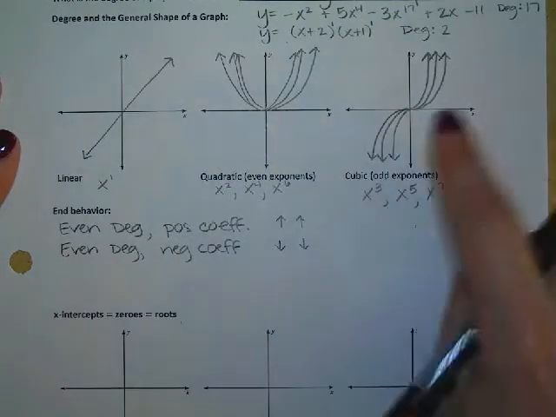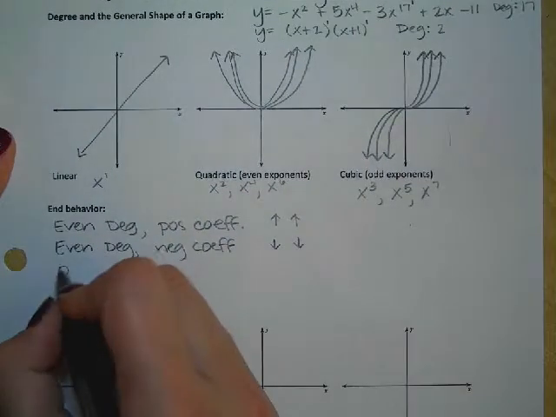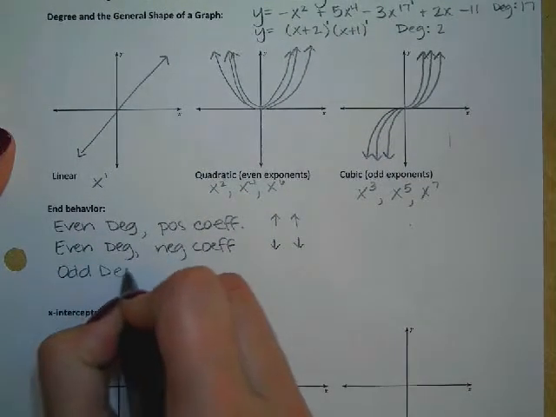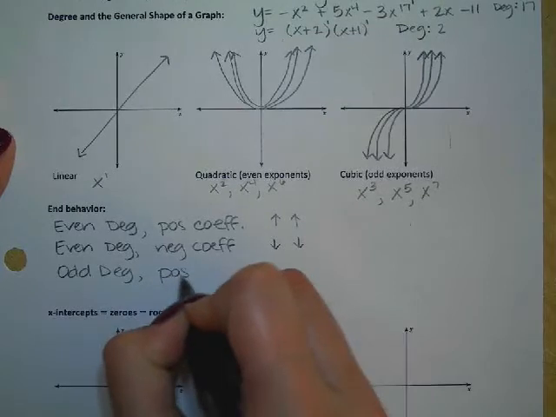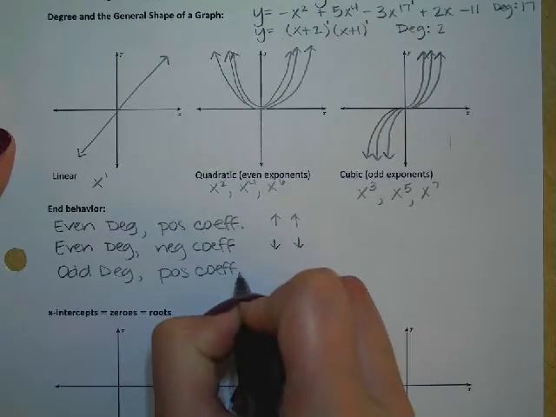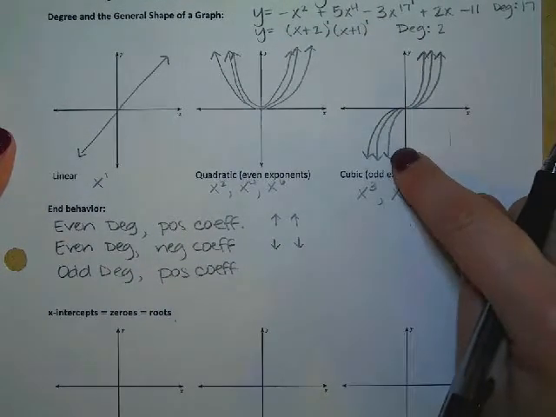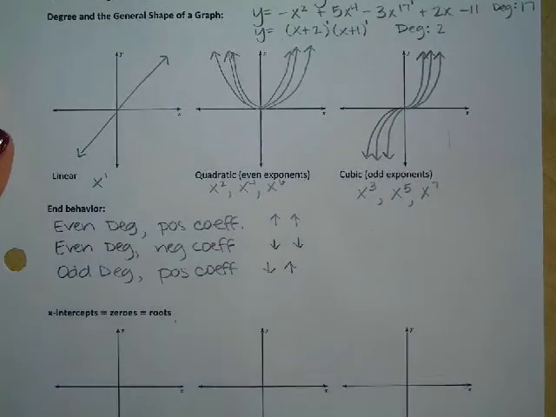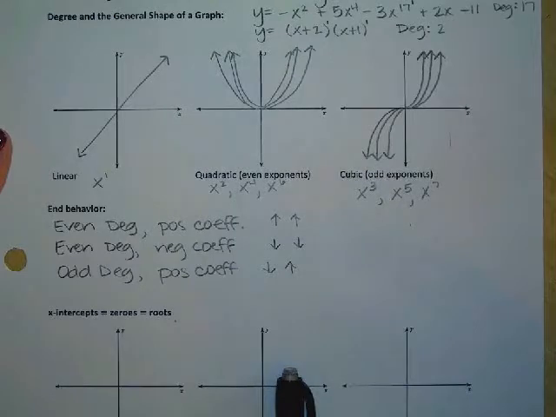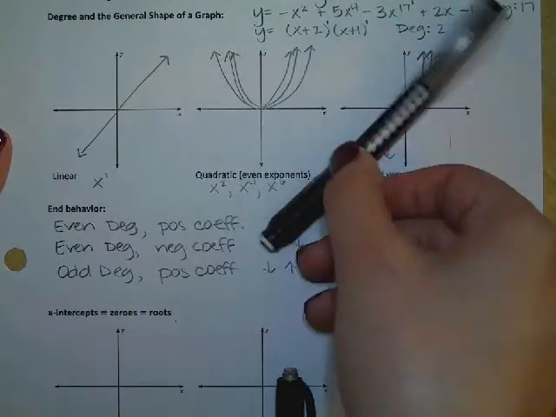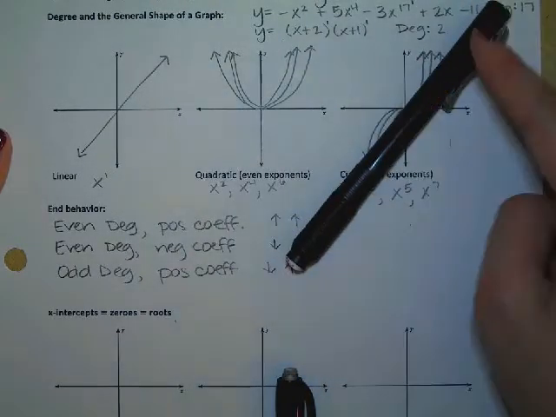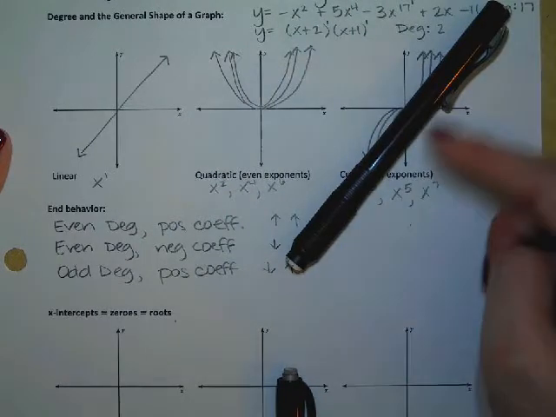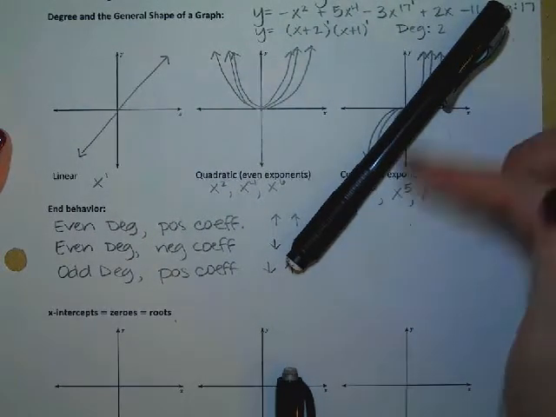All right, over here, this is where we have an odd degree. If we have a positive coefficient, then the arrow goes down first and then up. The reason this makes sense is because if you think about going down first, then up, and you take away all the curve of the graph, it looks like it's got a positive slant.